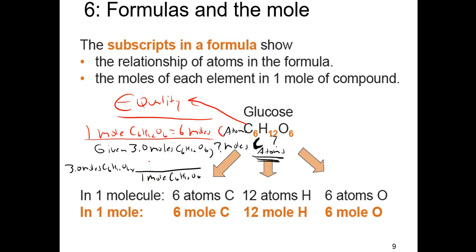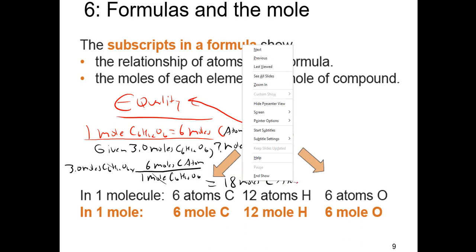And then we have 6 moles of our carbon atoms. And so it cross cancels out, and then our final answer is going to be 18 moles of carbon atoms.